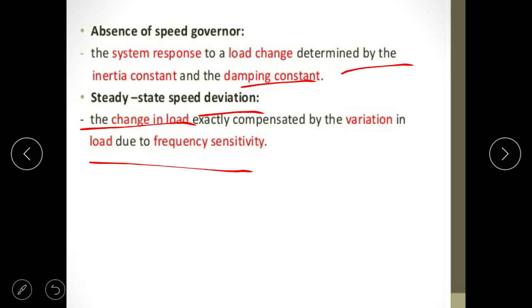A high inertia machine is more stable. A low inertia machine is less stable. But in a modern power generation system, a speed governor is connected to control the speed, which controls the frequency or active power demand of the load.